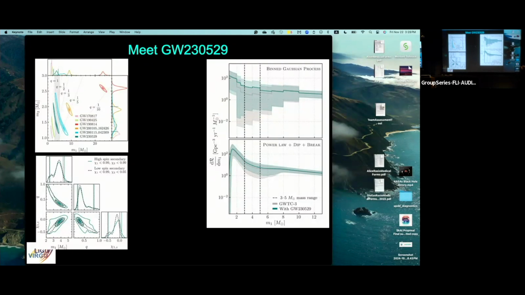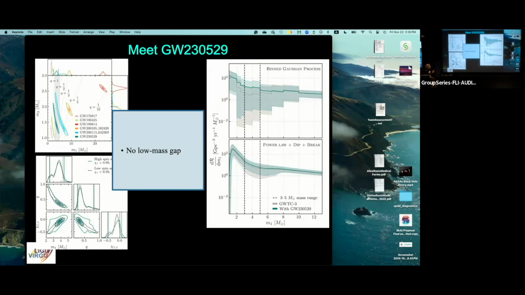This even explicitly allows for the existence of a gap. There's no gap. It's almost flat. So now, where we are now is that gravitational wave data show no gap, and our error bars are good enough.